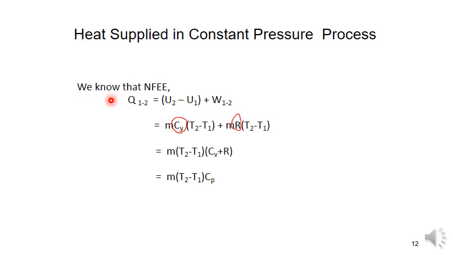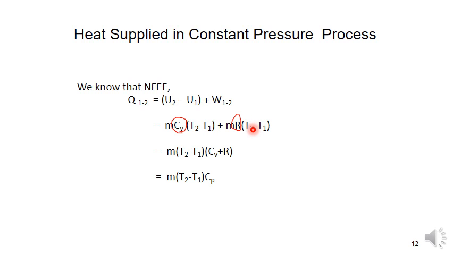We all know the non-flow energy equation, according to the first law of thermodynamics: dQ is equal to dU plus dW. At constant volume process, the change in internal energy is mCv (T2 minus T1), plus mR (T2 minus T1) from the work done.